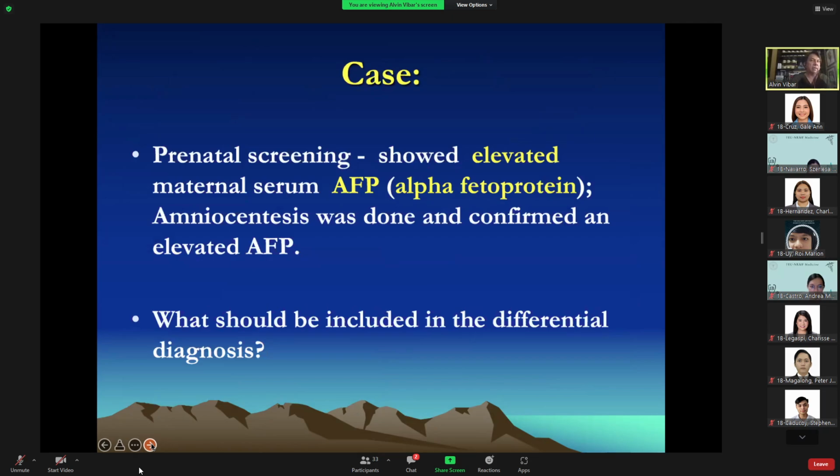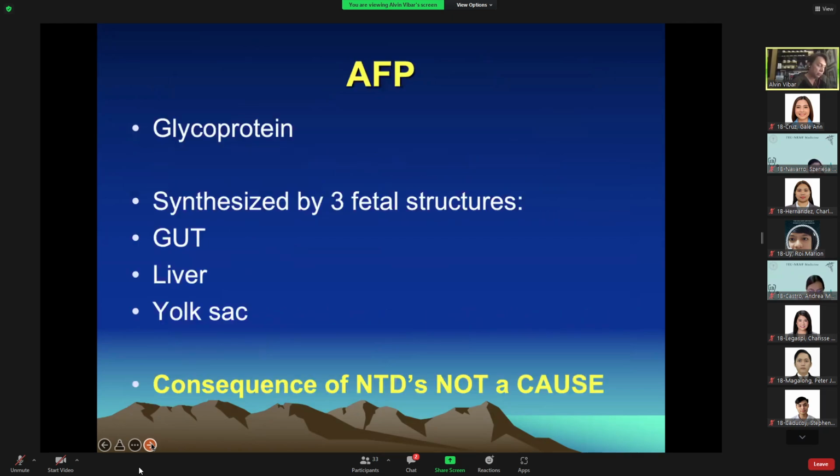Let's go back to the case. A prenatal screening showing an elevated maternal serum alpha-fetoprotein. Amniocentesis was done and confirmed an elevated alpha-fetoprotein. What should be included in the differential diagnosis? So whenever you encounter this, you associate it with cranial neural tube defects.